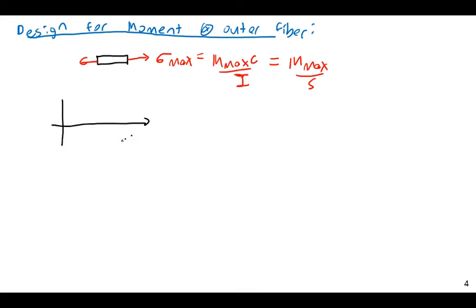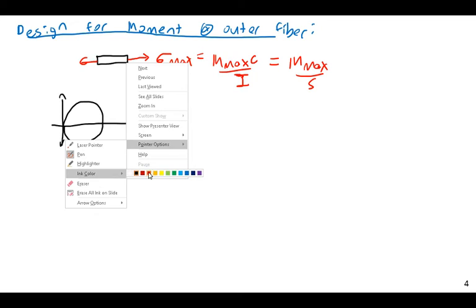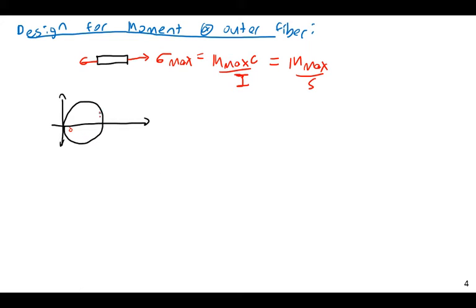So again, this is at the outermost fiber, and this is what the state of stress is going to look like. The principal stress is going to be our maximum bending stress. So it's going to look like this, with this being 0, this being the sigma max that we calculated here, and this being tau max and tau max.